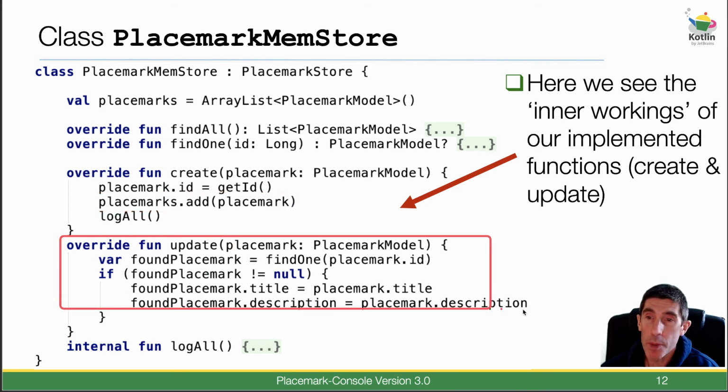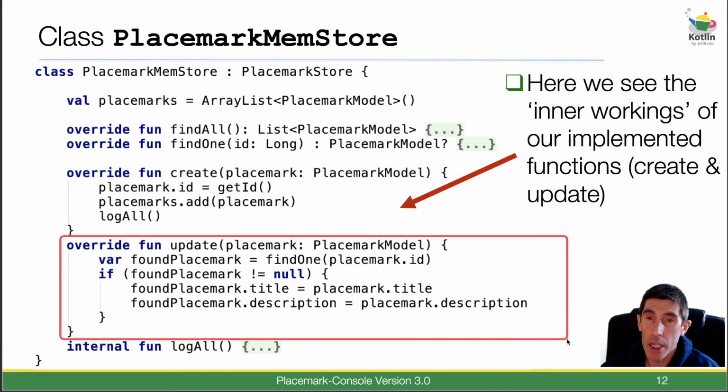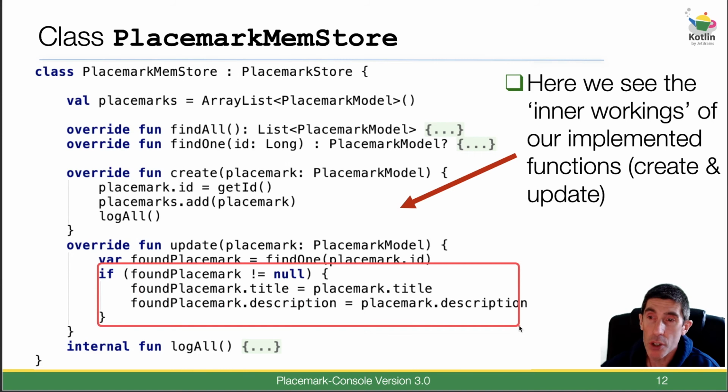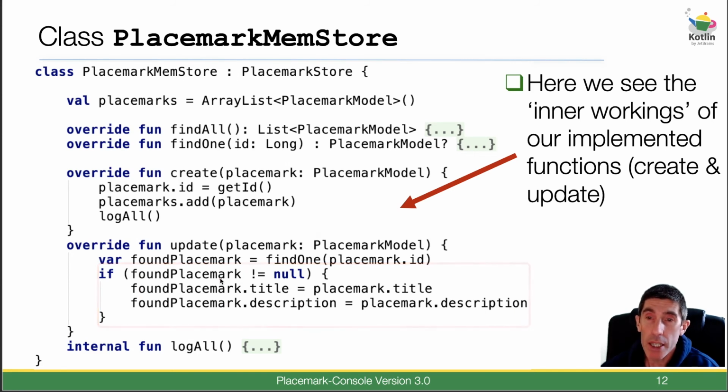Likewise with our update, you can see it there, passing in our placemark. We go off and try to find, using our find one function, the placemark that we want based on its ID, placemark.id. Hopefully we find one. We store it in found placemark, but we do a little check to make sure. So if it's not null, so we have found something, we can say found placemark.title is assigned the title that's passed in, likewise the description.